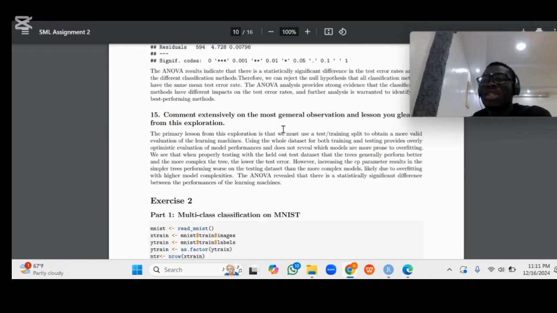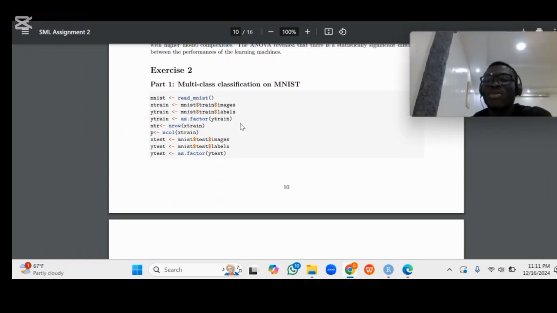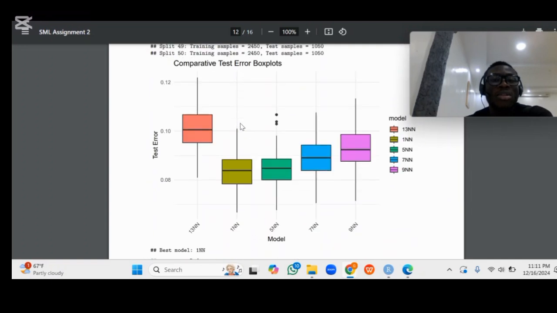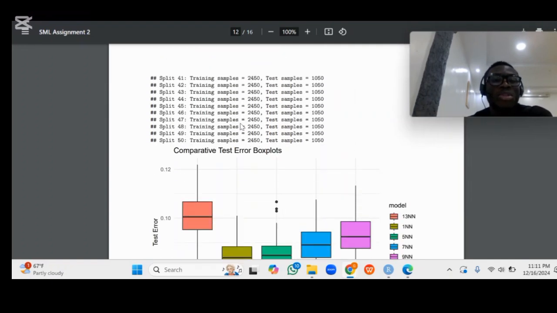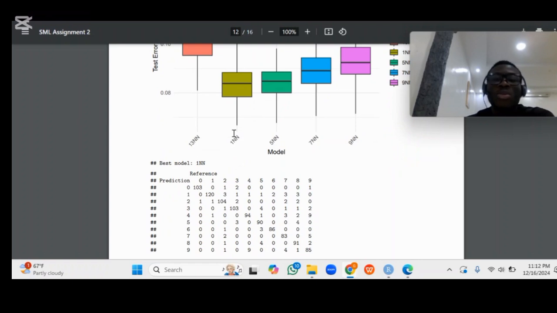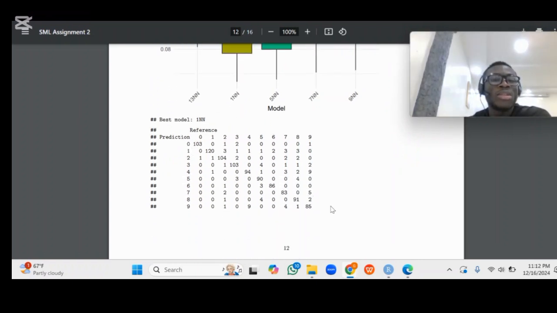On into exercise 2, we started with multi-classification of our MNIST data set. After running the models and comparing the box plots, we saw that 1NN was the best predictor here, which had the lowest test error. So I went on to show the confusion matrix of our 1NN, and this is how it looks.